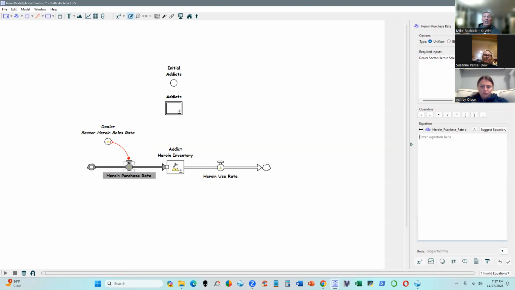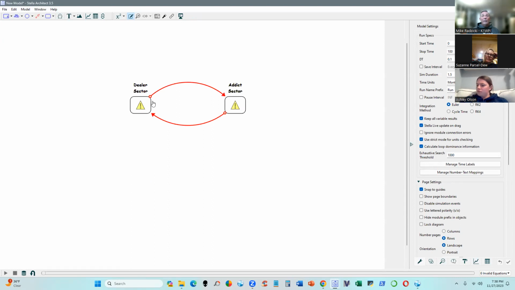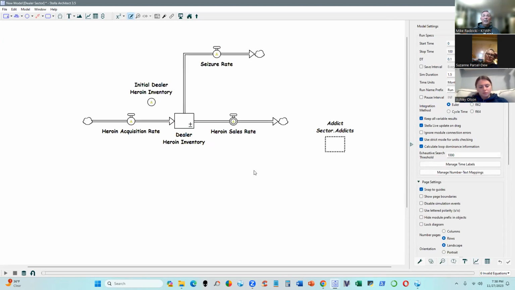And the purchase rate is simply the sales rate. And you can see it's already in bags per month. I'm going to make this month. You don't have to do this, but I like to do that for whatever reason.